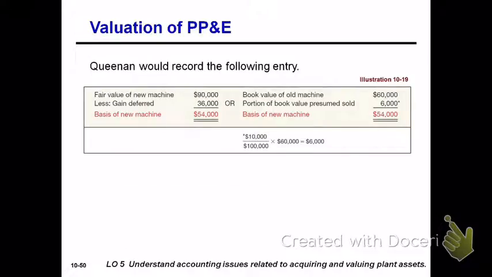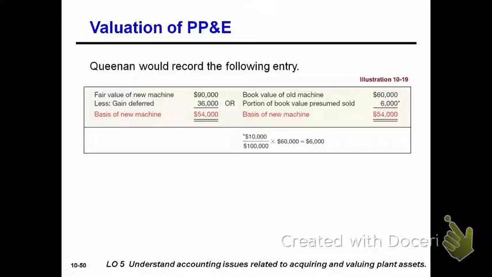So when we do this, the book value of the old machine was $60,000. We're assuming that we sold 6,000 of it because that was the 10%. So the basis for the new machine should be $54,000. Or the other way we can look at it is the fair value of the new machine is $90,000.